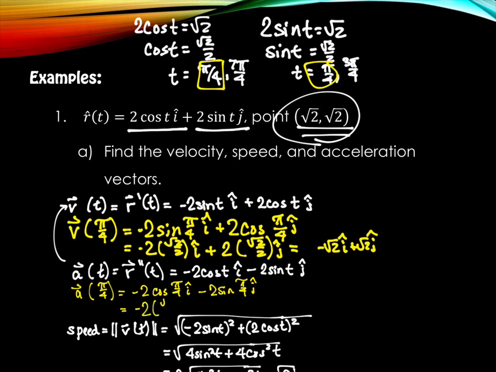Same values that I keep getting, square root 2 over 2 on each of them. And what do I get? Is that all right? Okay.